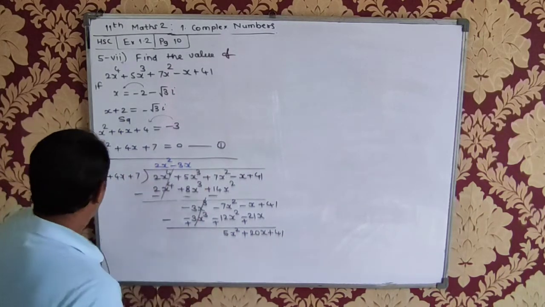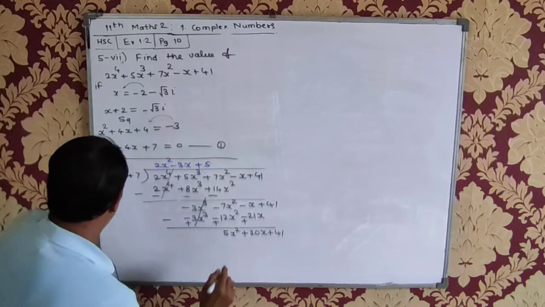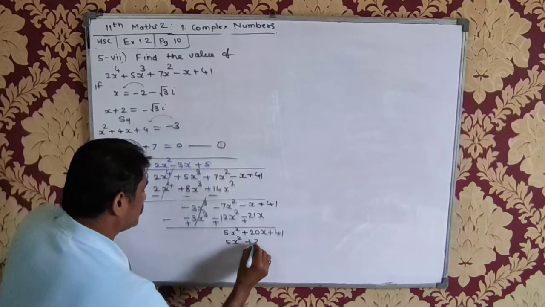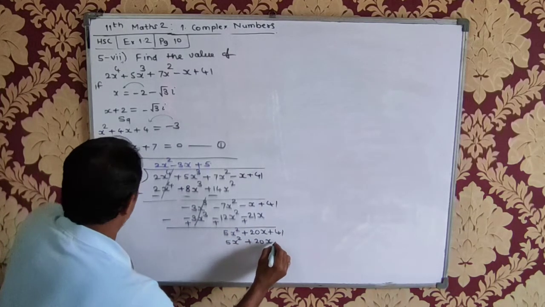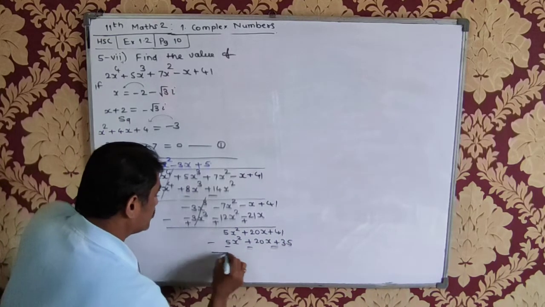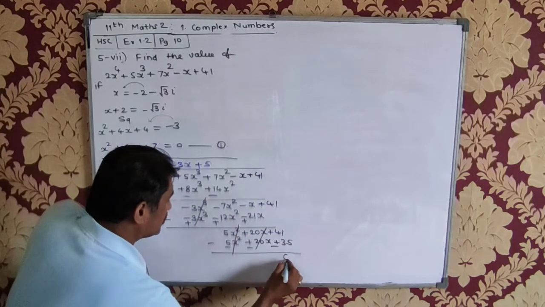Multiply this by 5. So what do you get there? 5x square, 20x plus 35. During subtraction, all the signs are going to change. This gets cancelled, and this is 6.